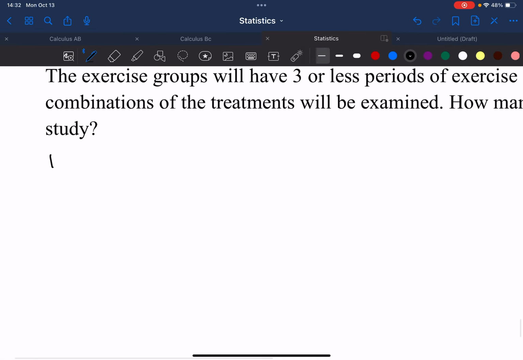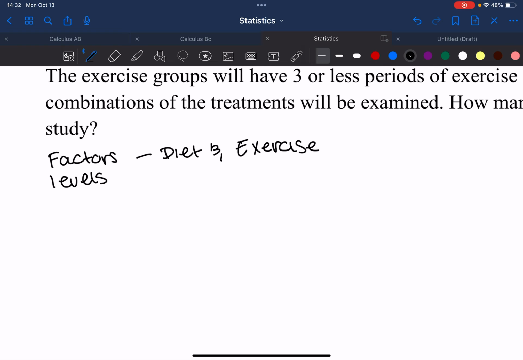So first are factors. Okay, so what are we comparing? Well, we're comparing diet and exercise. Okay, now we talk about levels. Well, for each of them, we had levels.